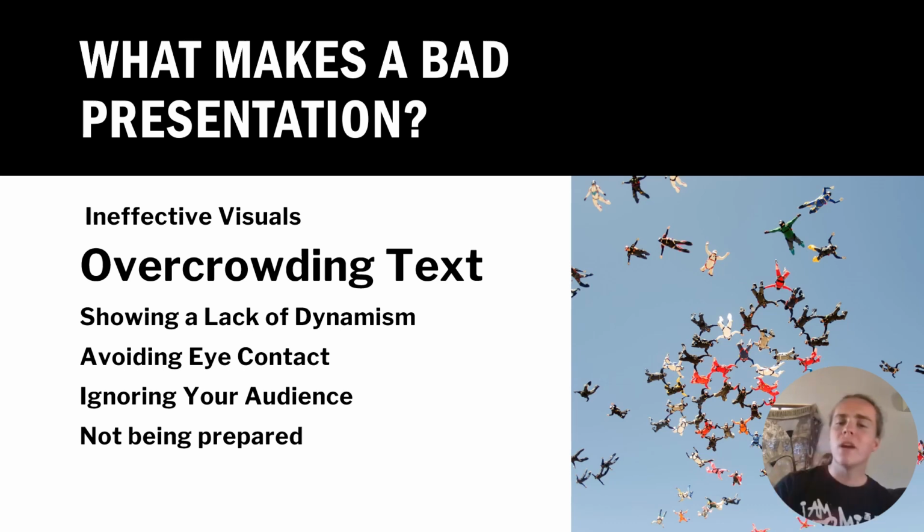Again, avoiding eye contact. You don't feel very personal if I'm looking over here talking to you, but if I'm looking right here, looking right at your eyeballs, you feel like I'm talking to you, which is what we want. And we've got ignoring your audience. Public speaking is all about you and the audience. If you ignore the audience, you're ignoring like 50% of it.